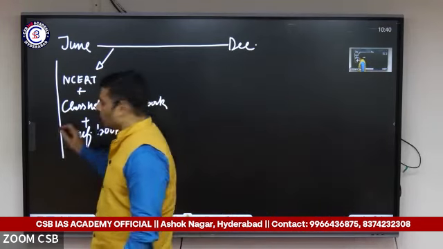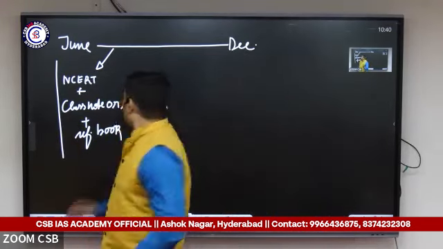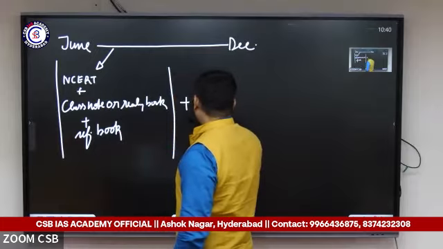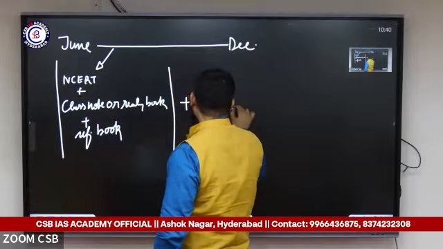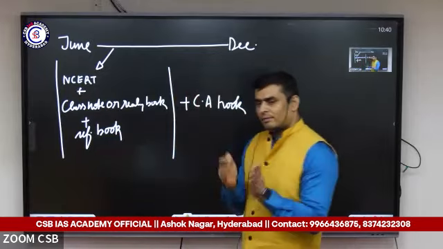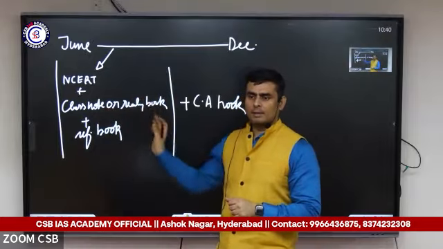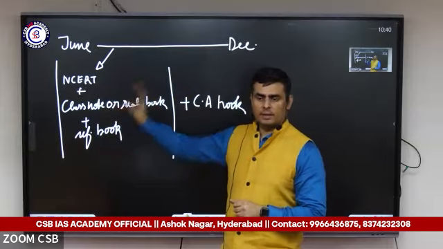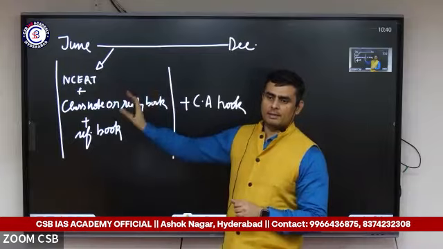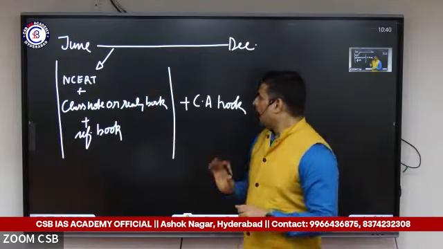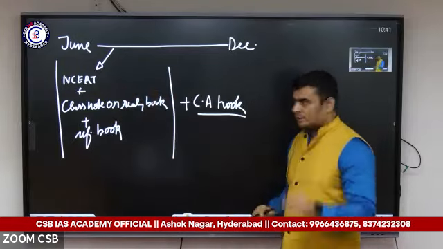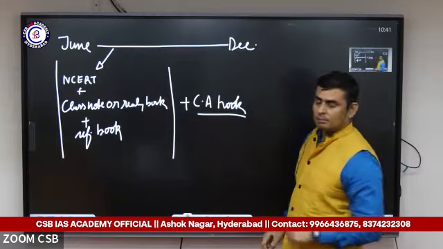And while doing this work, there is an addition of current affairs. Whatever the current affairs is, keep adding it. And this addition of the current affairs will go beyond December.